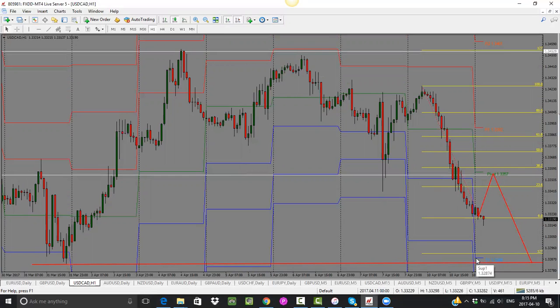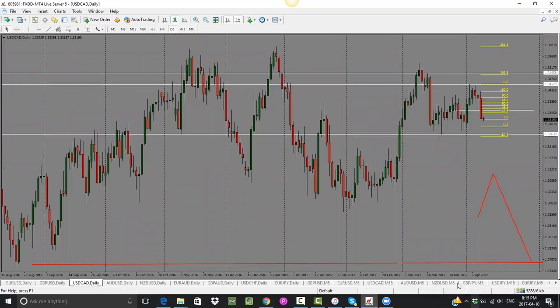It's also over the S1 level. So there's multiple confluences coming together. So mark that down on the charts, I would recommend, and we will keep an eye on that for trading tomorrow. So let me clear this.